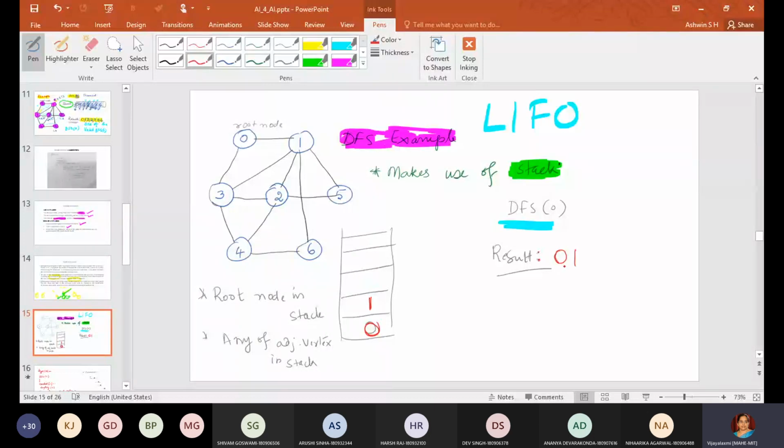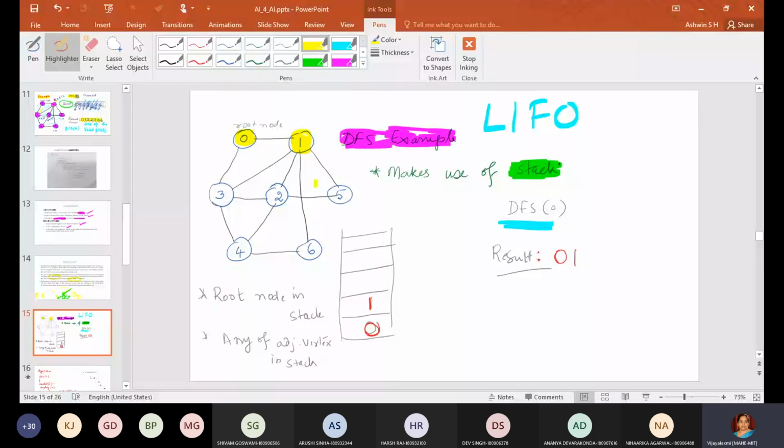1 you have to put in the stack. After that, you have put 1. Next, what do we have to do? For this particular one, I'll mark 0. 0 is put, 1 is put now. For 1, we have 3, 2, 6, 5.